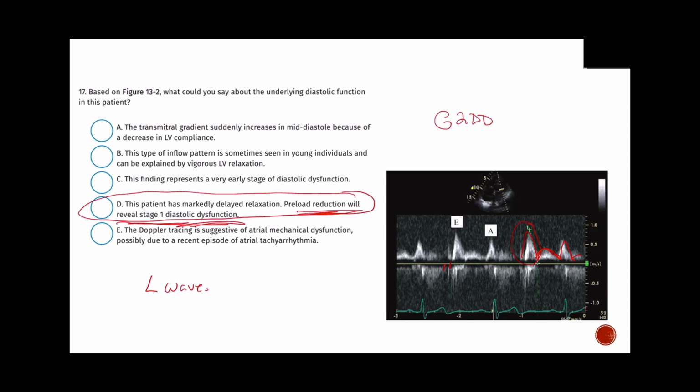And we also see this other atypical wave called our L wave, which is consistent with high pressures, allowing blood flow to continuously go across the mitral valve when it shouldn't anymore because your left atrial pressure is so high. And then what the question is asking us is, if you decrease preload, you're going to go backwards in your diastology to a grade 1 diastolic dysfunction.